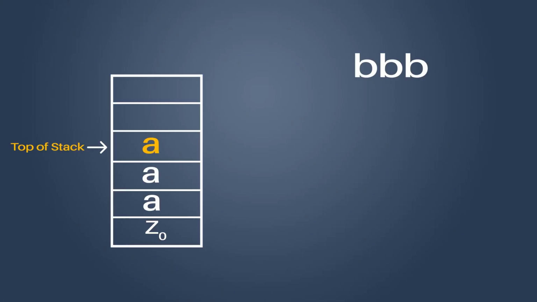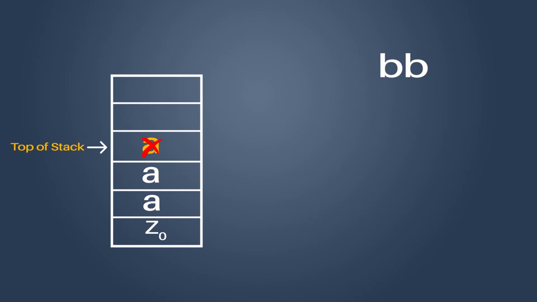If you carefully notice the input, now the input symbol happens to be b, and the top of the stack happens to be a. Since this is the first occurrence of b, we should change the state from Q0 to Q1, and at the same time we should also cancel the top of the stack.